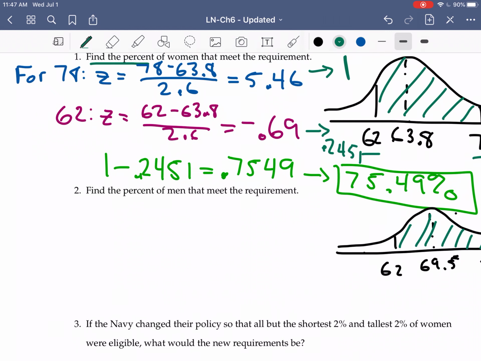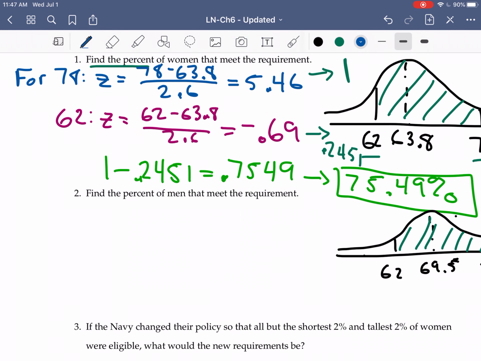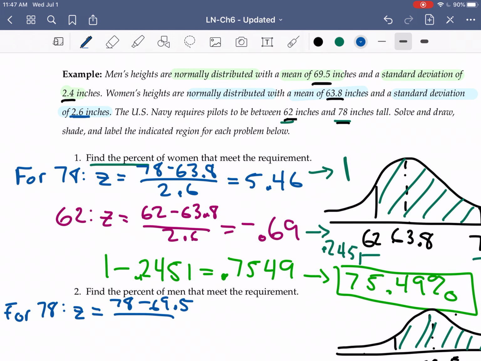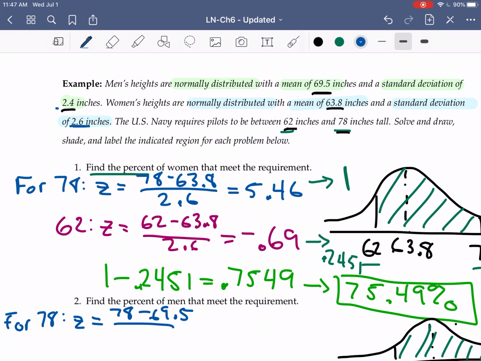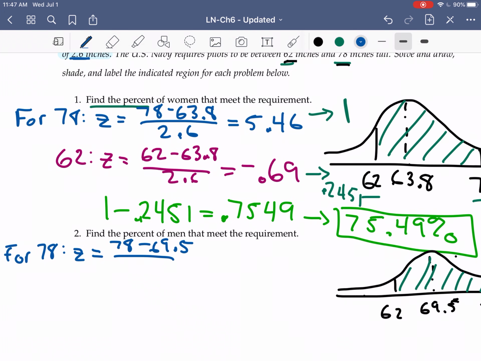So we're going to take 78 and convert that to a z-score. But this time we're using all of the information that's associated with males. Right? So 78 minus 69.5 divided by the standard deviation for men, that was 2.4 instead of the 2.6.